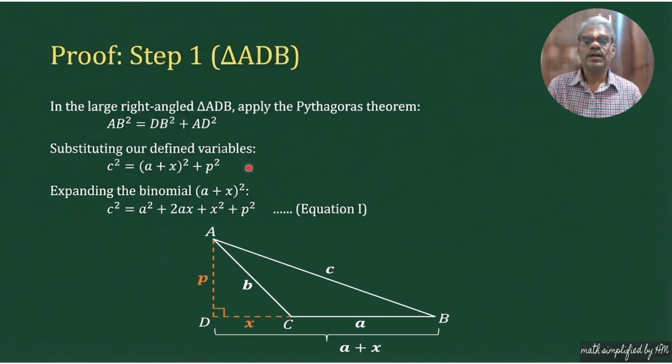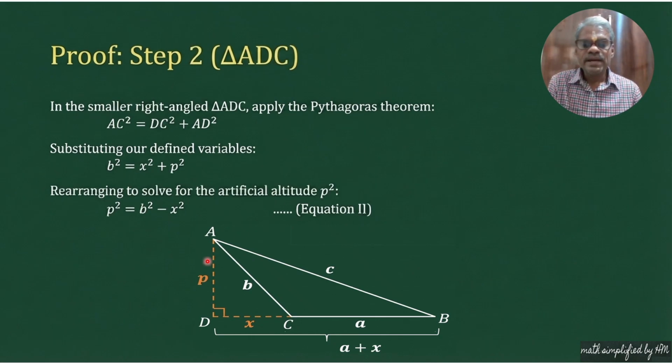Substituting our defined variables, we get c square is equal to (a plus x) whole square plus p square. Expanding the binomial (a plus x) whole square, we get c square is equal to a square plus 2ax plus x square plus p square. Name this as equation 1.